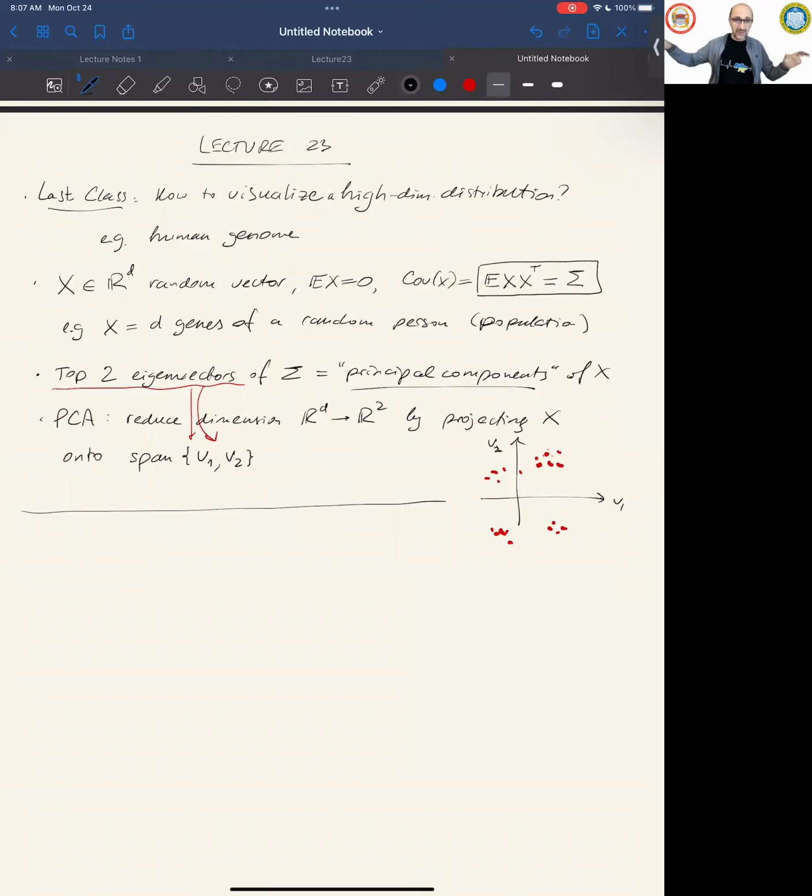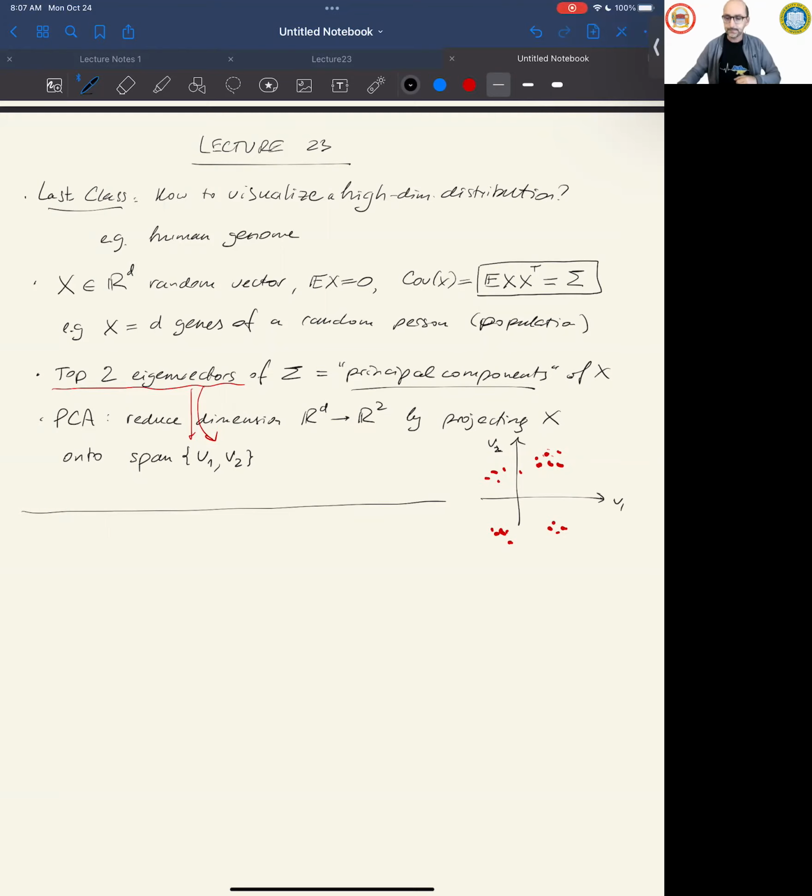And so it makes sense to project there first, because that direction explains most of the variability in the data. And if that is not sufficient, of course, you project on v2. Among all the directions that are orthogonal to v1, v2 is the best. That direction explains most of the remaining variability of the data. And then you can project also onto v3 and so on and so forth.